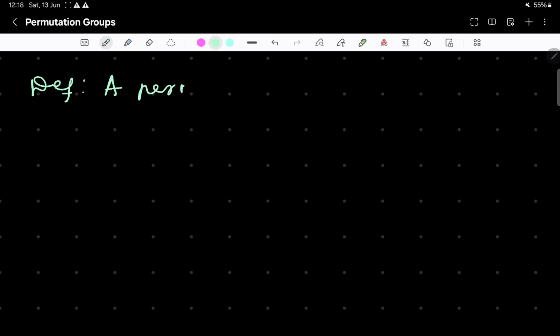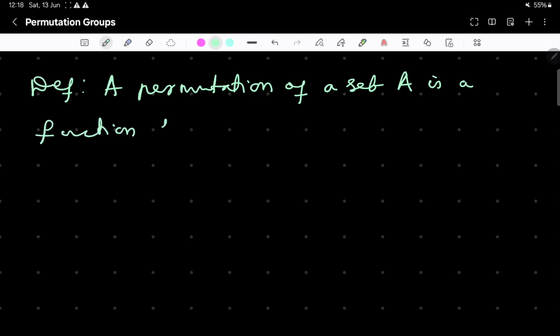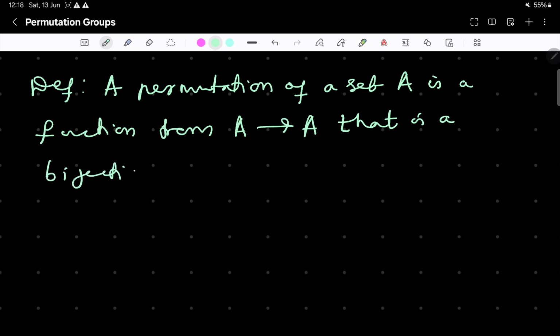A permutation of a set A is a function from A to A that is a bijection. So what do you mean by bijection? It is one-one and onto.